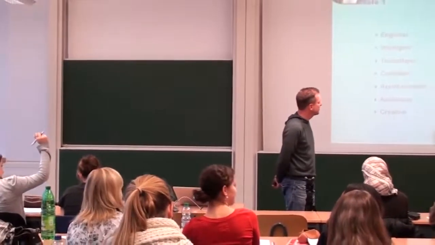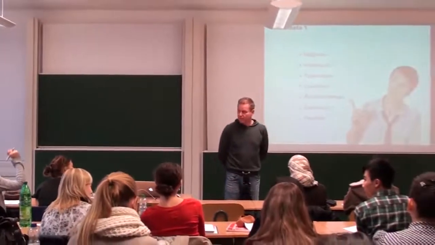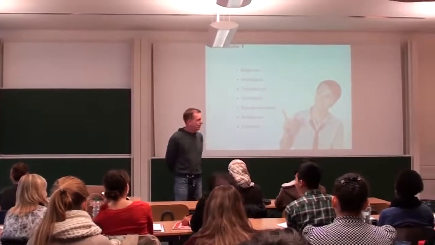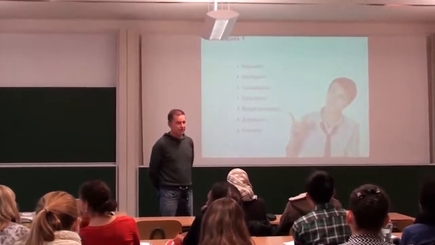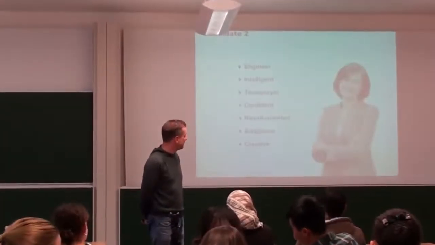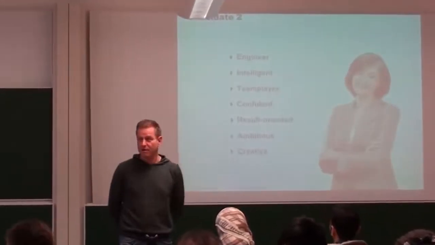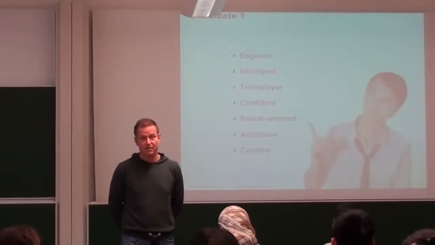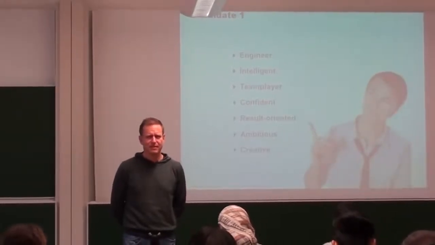But don't you think that the different attributes feel somehow different when I look at this person versus this person? Both are ambitious. She is ambitious, he is ambitious, but it feels different.